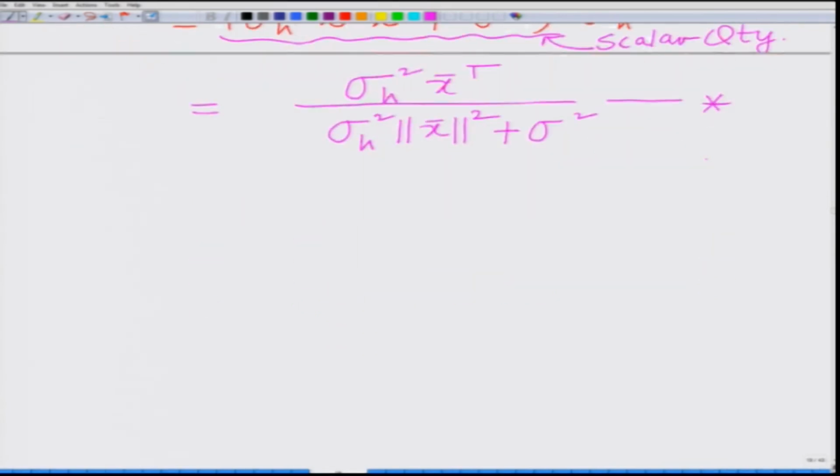Now, we will simplify the MMSE by substituting the simplification for this quantity star derived above.